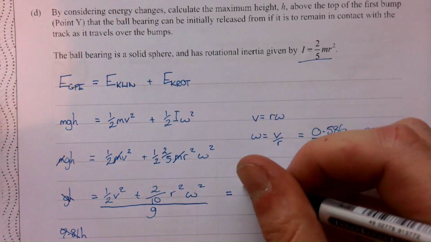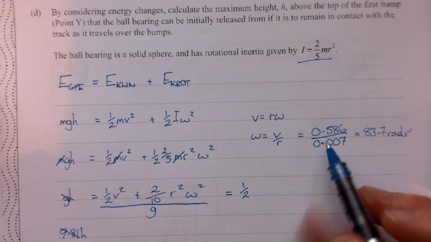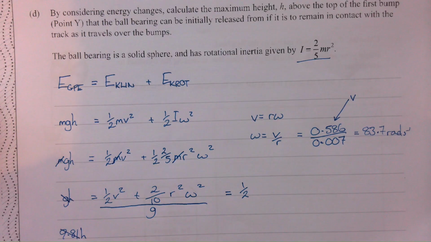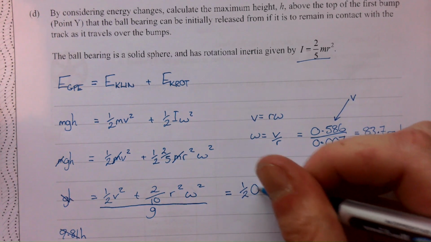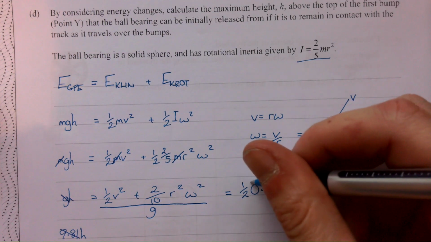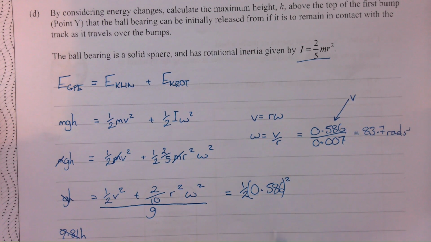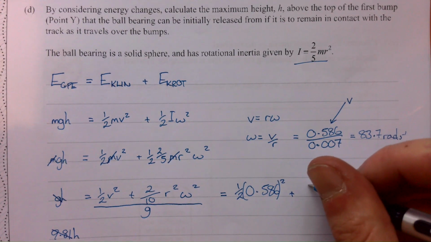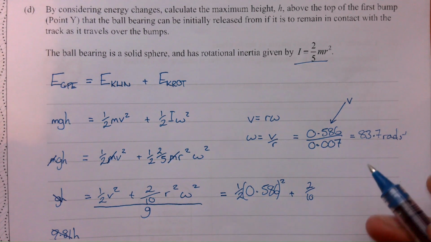So h is half v squared. Our v is this 0.586. Just super clear for us. Half 0.586 squared. I'm going to put that in brackets just to make it clear that it's only that being squared. Plus 2/10. We could simplify to 1/5, but we'll keep it. Just why not?